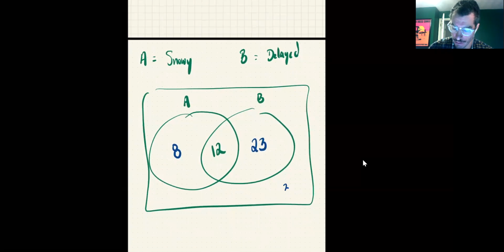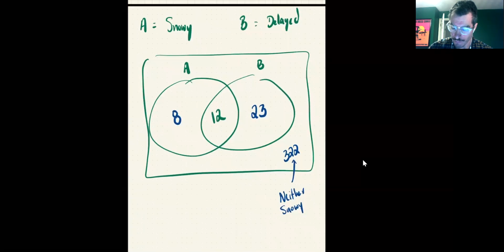That's happening out here. There are 322 times where we're neither snowy nor delayed.